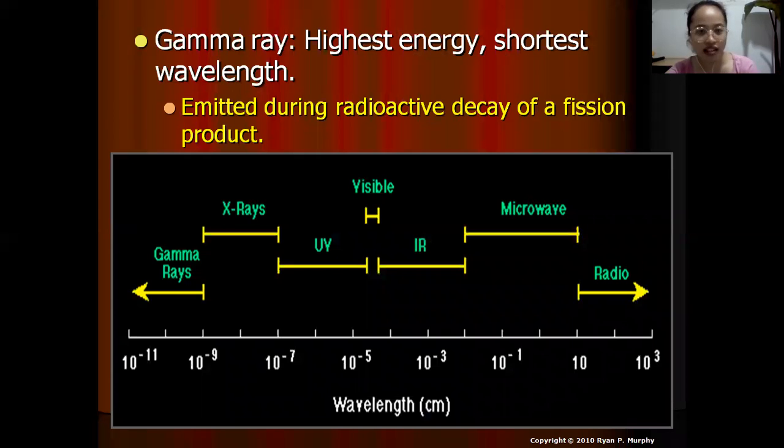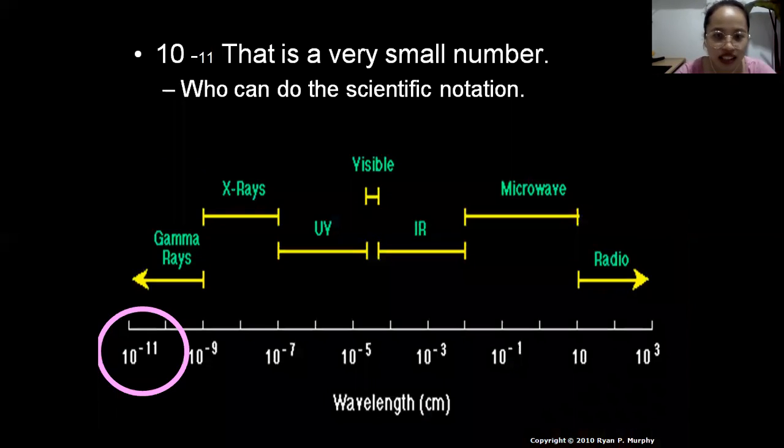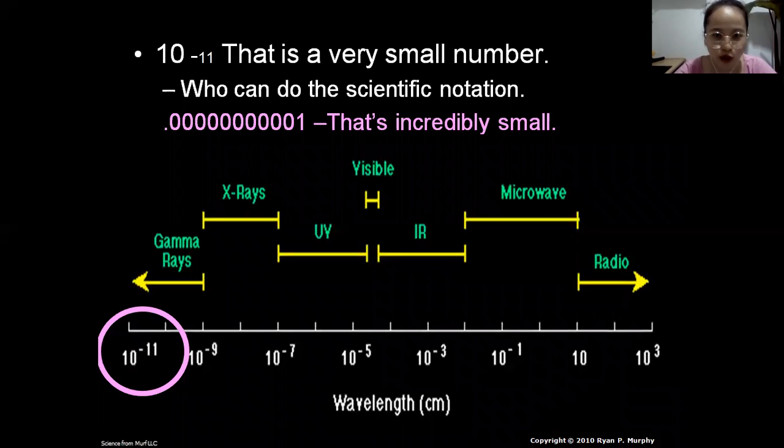Emitted during radioactive decay of a fission product. And that is a very small number. So the smaller number you have in the wave, the stronger you are. So when you do scientific notation, this will be the result.